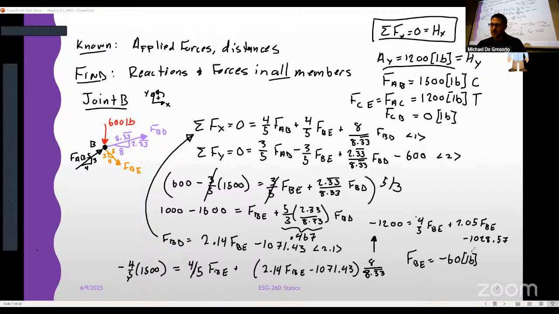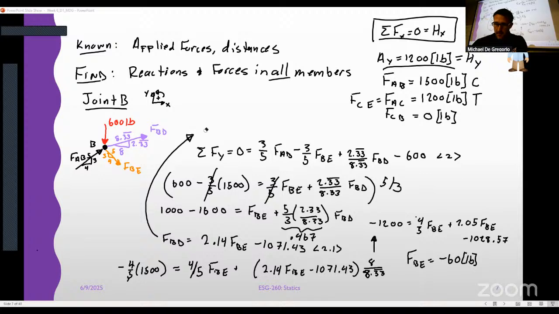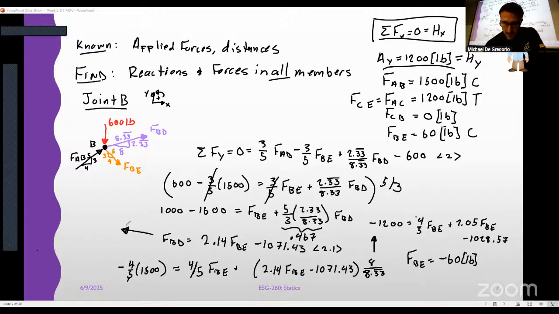And that is compression. So I'll go back over here. I'm going to erase the X direction equation to make room for FBE is equal to 60 pounds compression. Okay. Now I got to take that and I got to plug that back into equation 2.1. This guy right here, right? To find FBD.